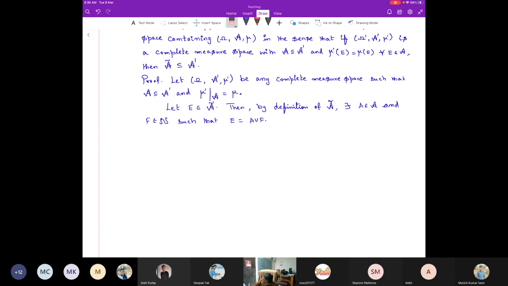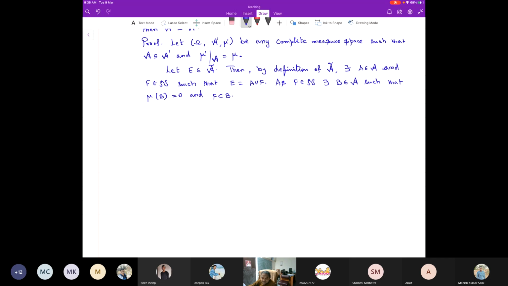So as F belongs to N, there exists B in A such that mu of B is 0 and F is contained in B.